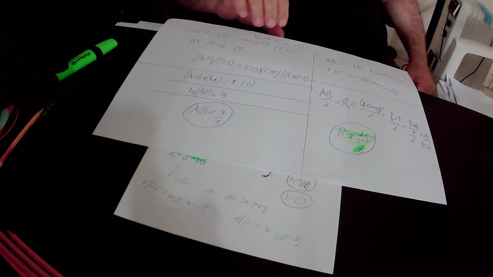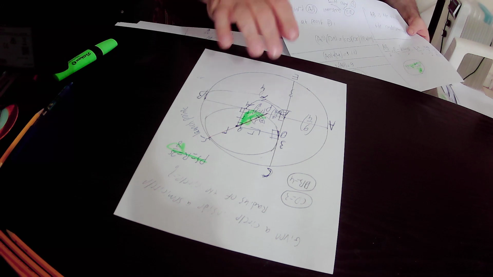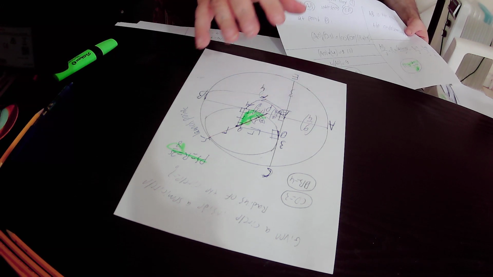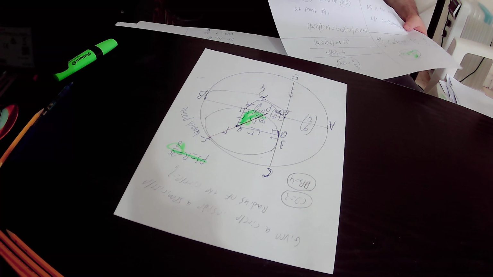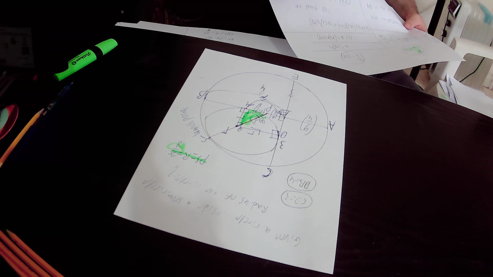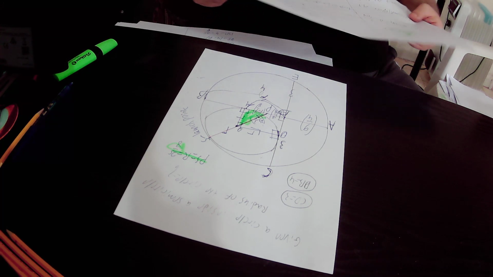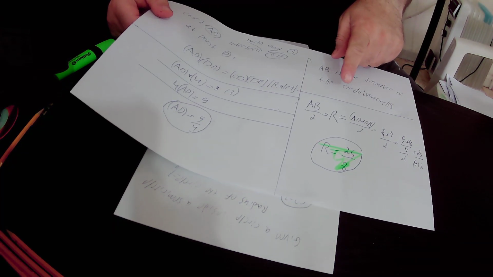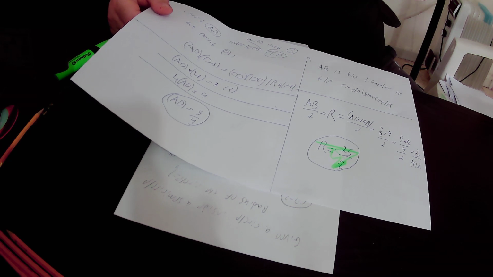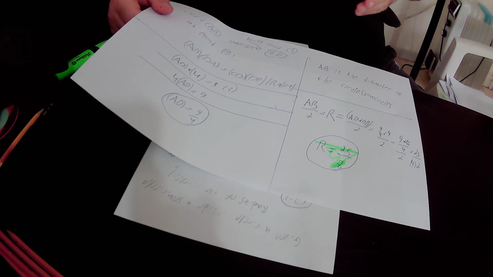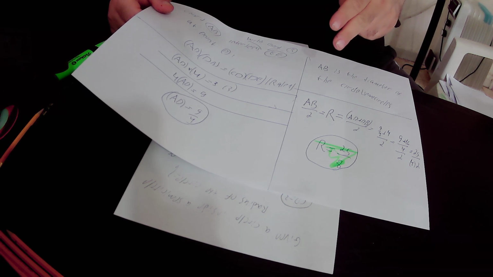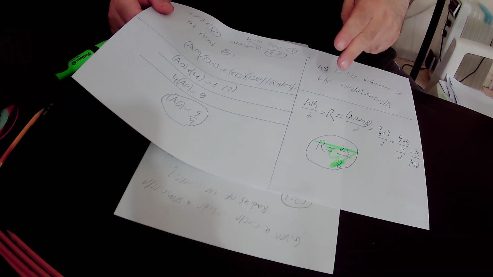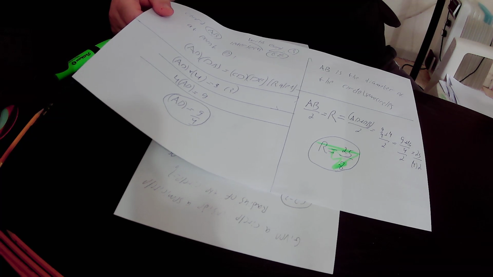So if we define the radius of the semicircle and the radius of the big circle also as capital R, we'll get that AB over 2 will be equal to capital R, because the diameter is twice as long as the radius. So if we divide the diameter by 2, we get the radius that is capital R according to our definition.